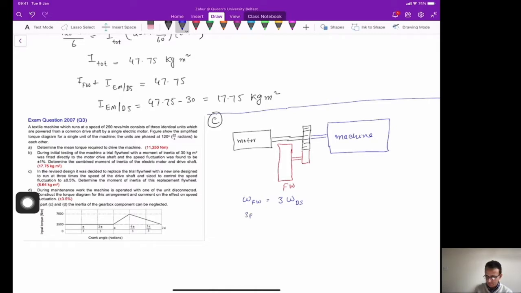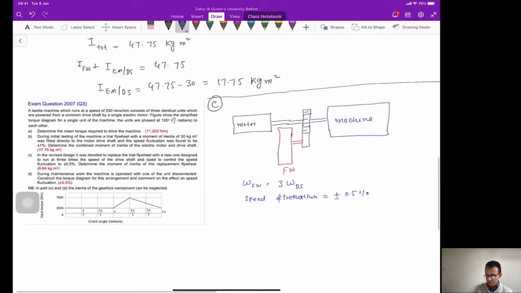So if the speed fluctuation given is plus minus 0.5%, we can calculate the fractional speed fluctuation, which is omega 1 minus omega 2 divided by omega, and this will become 0.01.